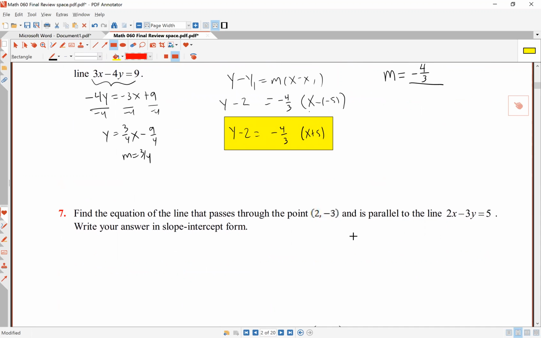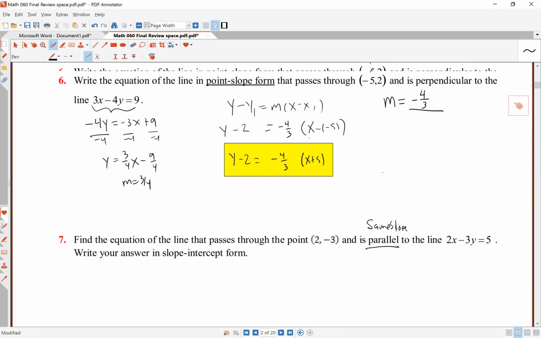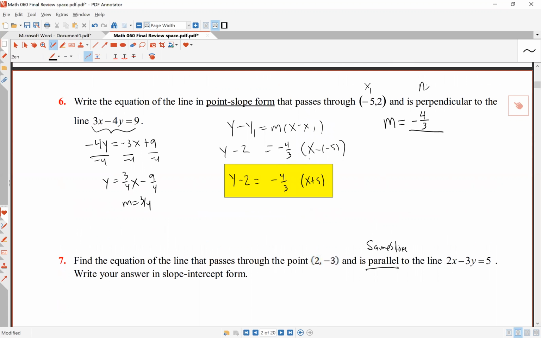However, the next one says parallel to this line and then write in slope-intercept form. So remember, parallel means same slope, whereas perpendicular means opposite or negative reciprocal.